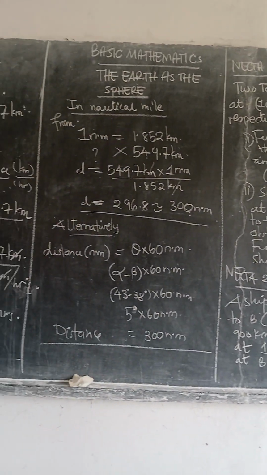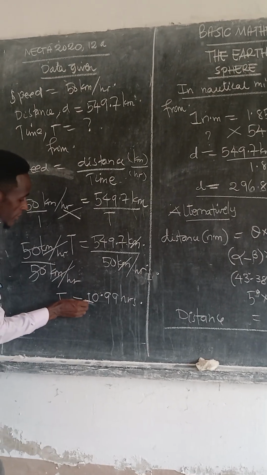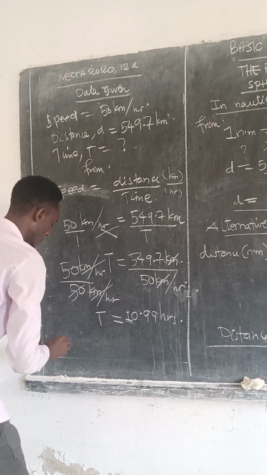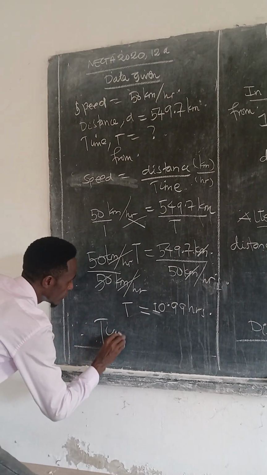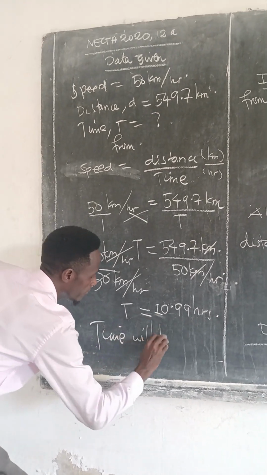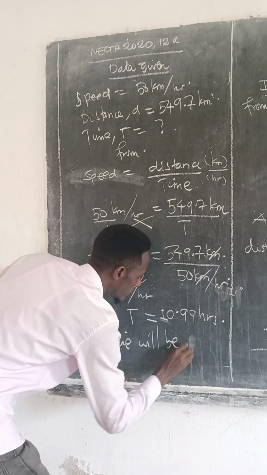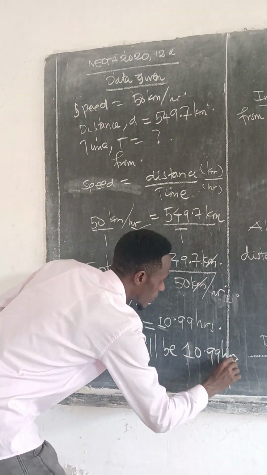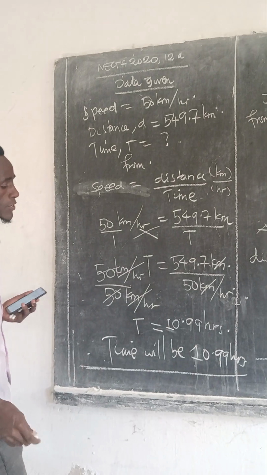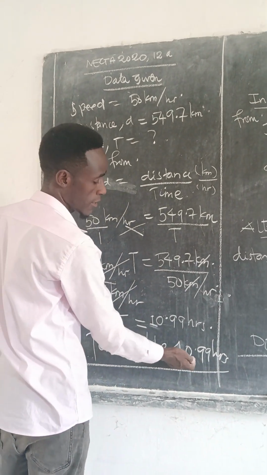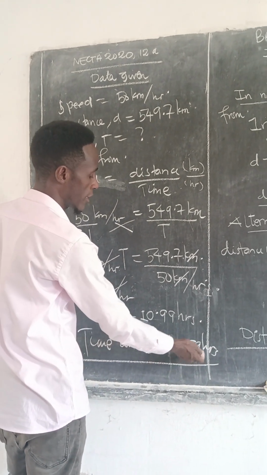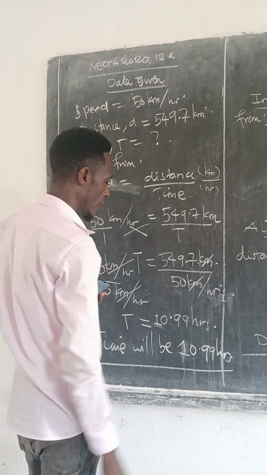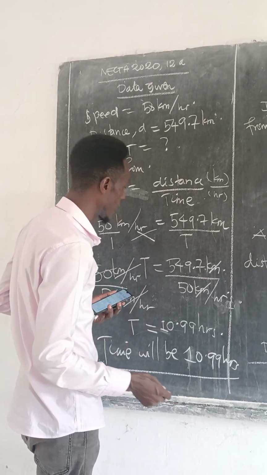So the time will be 10.99 hours to reach that point B. So just conclude, time will be 10.99 hours. It's very simple, but you can even change the 0.99 into minutes, to get 10 hours and some minutes. So it's very simple. Thank you for listening.